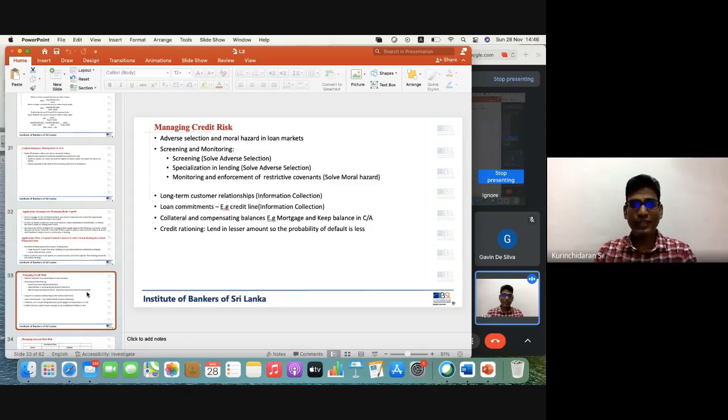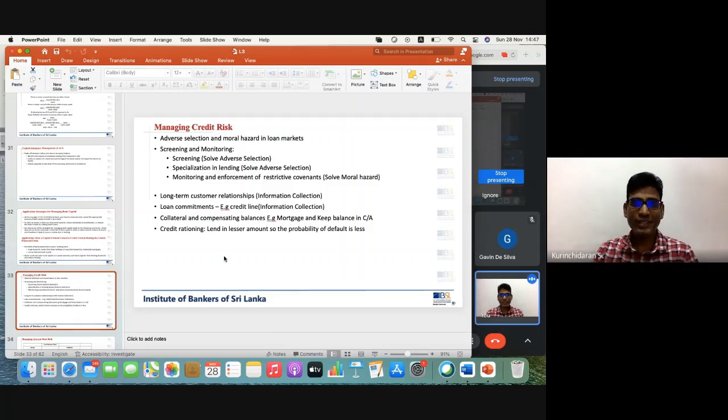And there's another strategy the bank can have, credit rationing, right? Now, if a customer is coming for a 10 million loan for a project, but you are not going to give 10 million, you're going to give only 1 million, right?